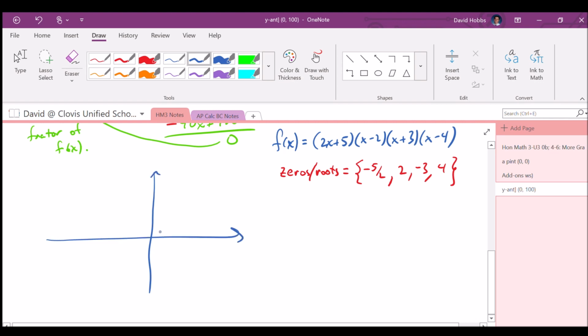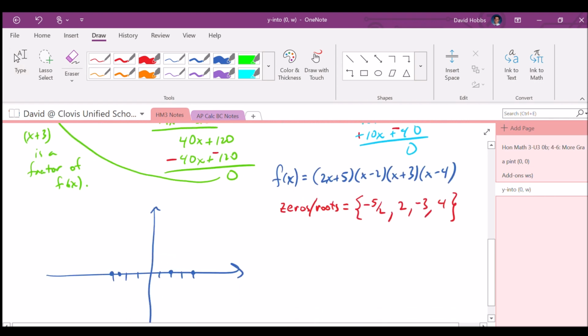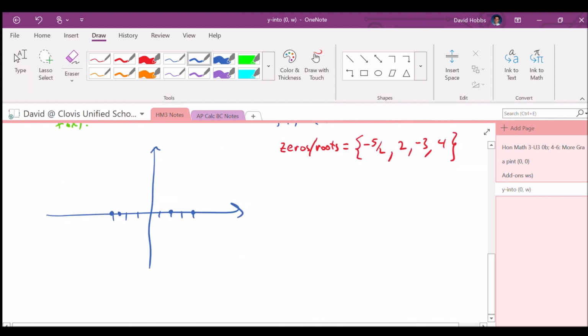As far as sketching this, we've got 4 out to the right, and also a positive 2, and we've got negative 3 out to the left, and also negative 5 halves. This is a high to high, and they're all multiplicity 1, so they all go through.